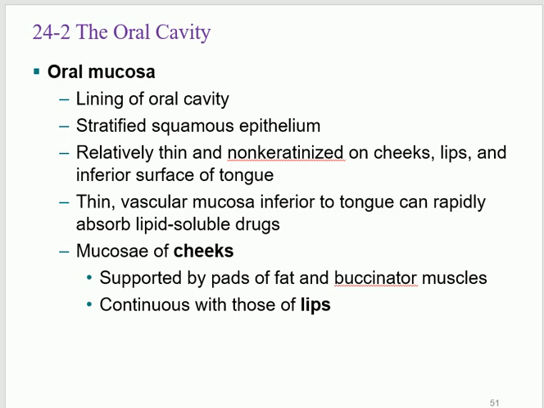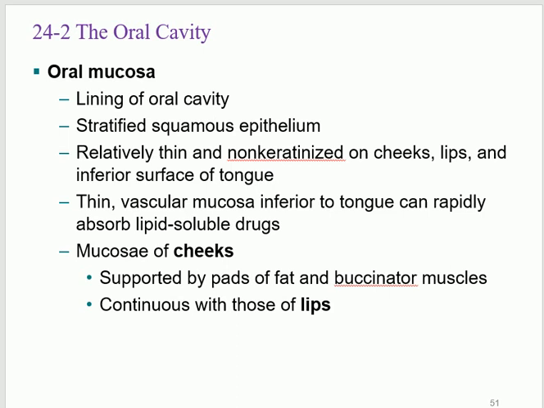This is not the main part. The main chemical digestion is in the stomach and intestine. The mouth just starts a little part. Amyl means carbohydrates. ASE is short for enzyme that breaks down something.